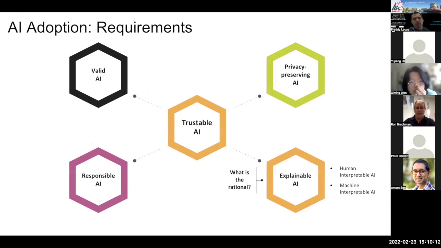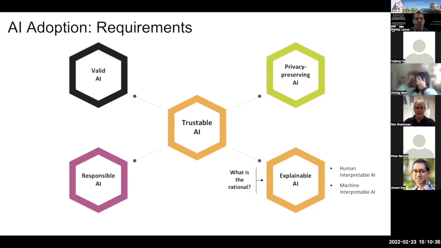So just to take a step back, explainable AI is really part of a broader vision of what AI should be. If you think long term about stakeholder adoption and business adoption across industries, there is this umbrella of trustable AI.